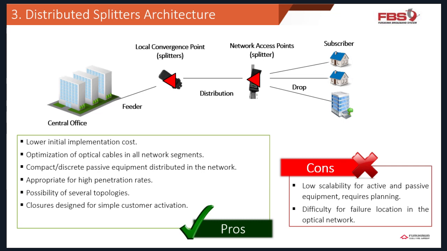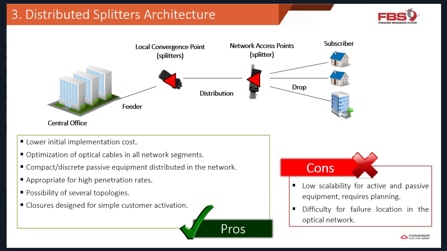So when we add these losses, and it's two levels of splitting, we can cover up to 128 customers or 64 customers within 20 kilometers. And this is like our optimal combination of distance, laser budget, power budget, and splitter levels.